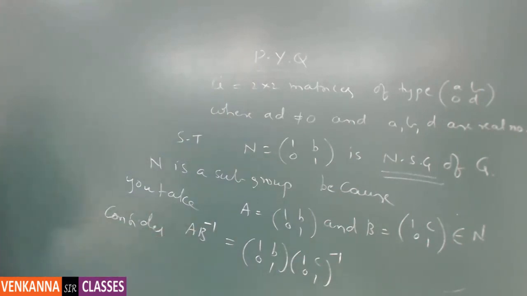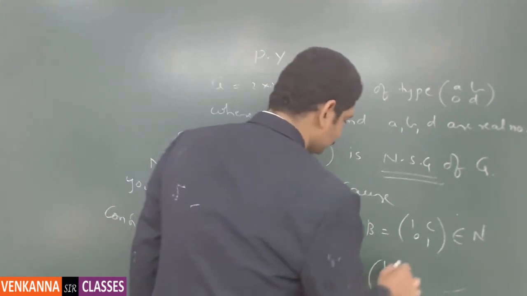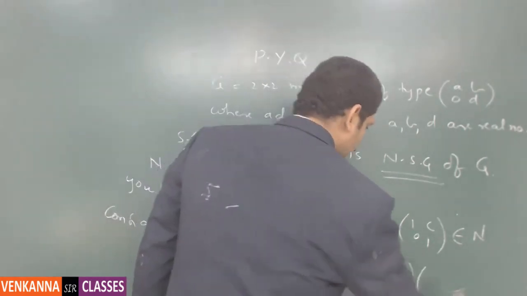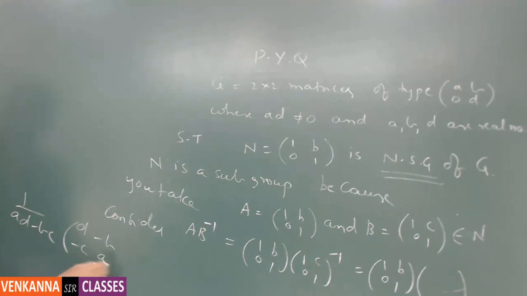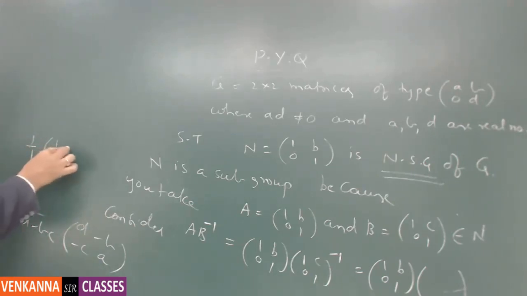What could be the value there? If we calculate that, the inverse of this matrix will be 1 by (AD minus BC) into [D, minus B; minus C, A]. This formula, if you use it to calculate the inverse, is nothing but 1 by 1 into [D, minus B; minus C, A].